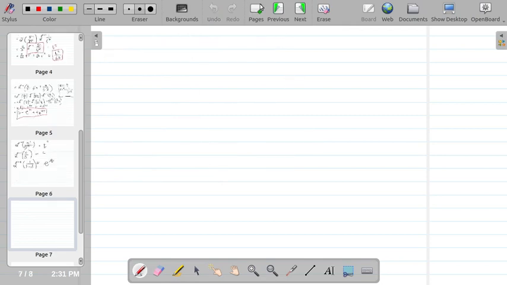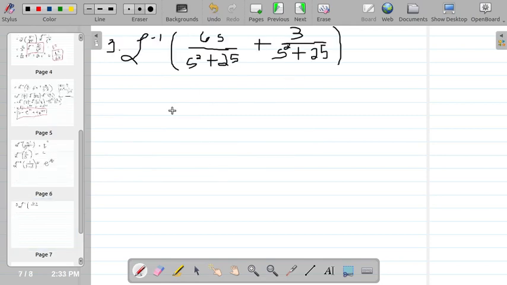So the next example is to find the inverse transform of 6s over s squared plus 25 plus 3 over s squared plus 25.